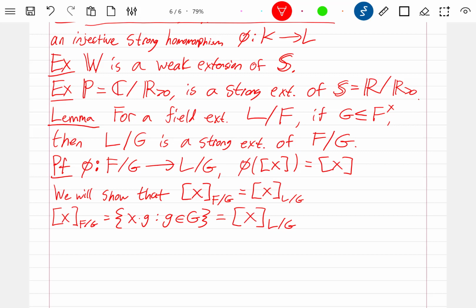So we have that the equivalence class of x in F mod G is the same as the equivalence class of x in L mod G.